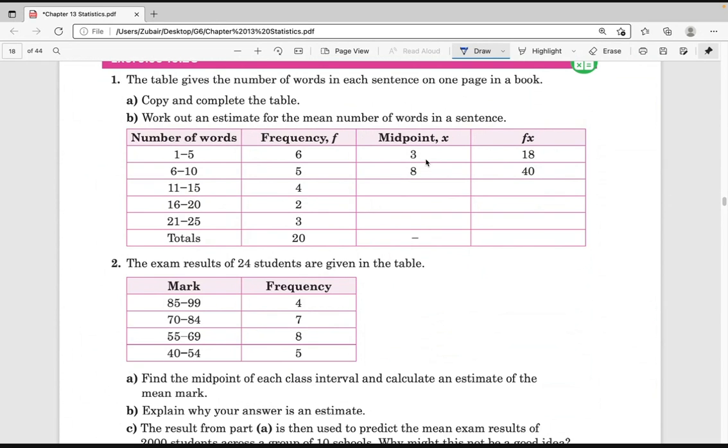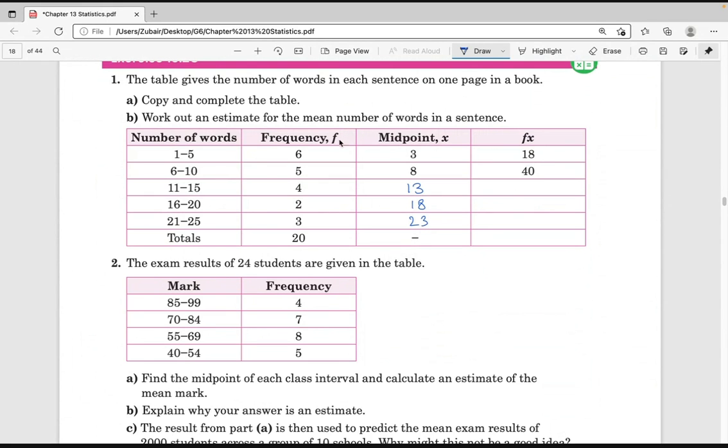So 1 and 5 is 6, by 2 is 3. 6 and 10 is 16, by 2 is 8. 11 and 15 is 26, by 2 gives me 13. 16 and 20 gives me 36, by 2 is 18. 21 and 25 give me 46, and the middle number is 23.